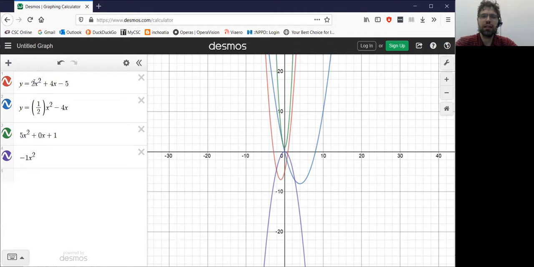Well, if you look at these parabolas, positive 2x squared, positive 1/2 x squared, positive 5x squared, and then the one that's oriented differently, negative x squared, you might see the pattern.